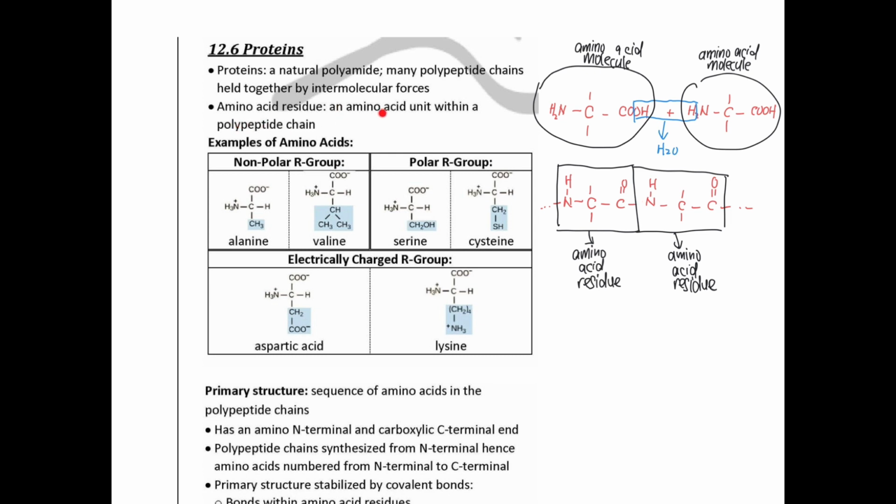The original structure is a complete structure of an amino acid, but now removing certain parts we call it an amino acid residue. It is an amino acid unit within a polypeptide chain. Polypeptide chain means the polymer.